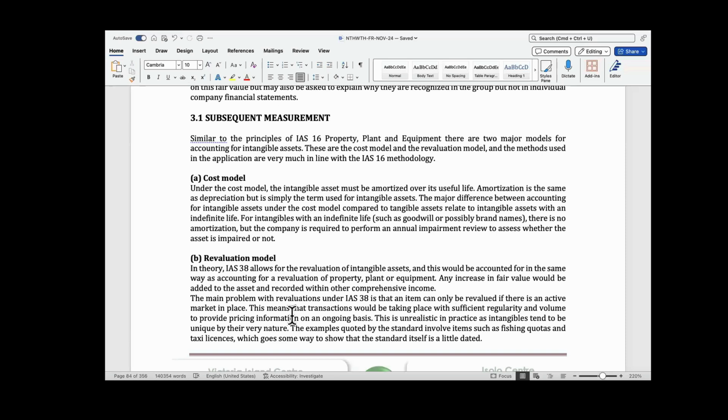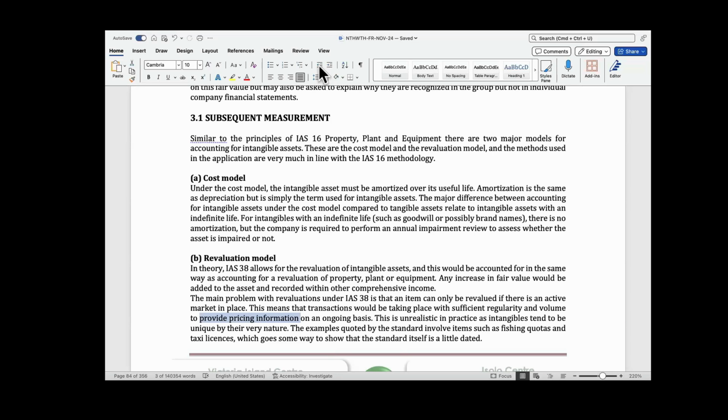So for an intangible asset, before you can use the revaluation model, which requires that you get the market price of that asset, there must be an active market. There must be a place where they trade these assets, and you can easily get pricing information. So you find out that for most intangible assets, we don't use the revaluation model because there is no active market. Is there an active market for websites?